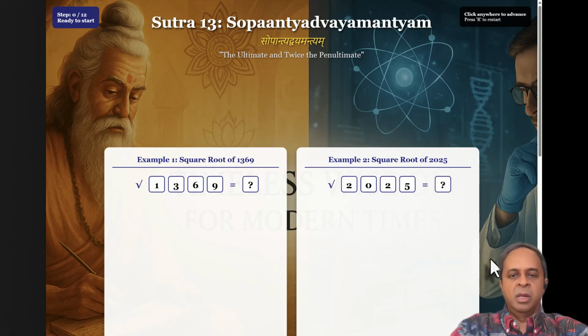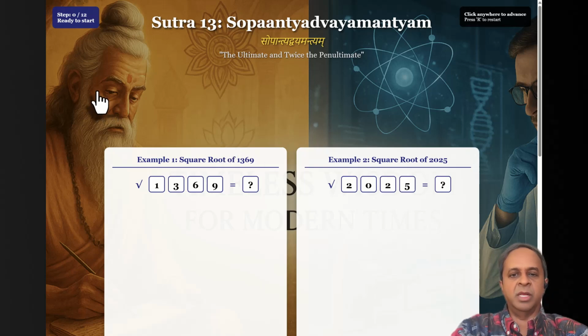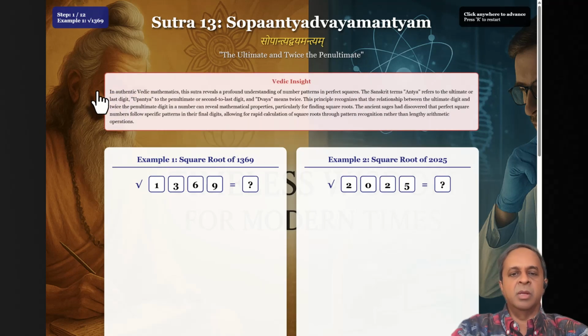Okay, so let's look at the Vedic insight for this particular sutra, the ultimate and twice the penultimate. In authentic Vedic mathematics, this sutra reveals a profound understanding of number patterns in perfect squares.